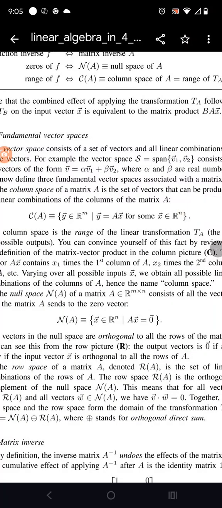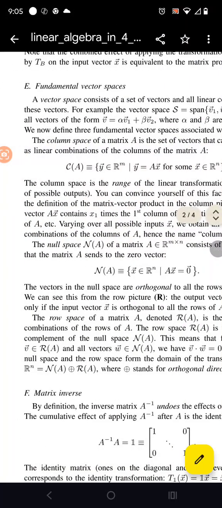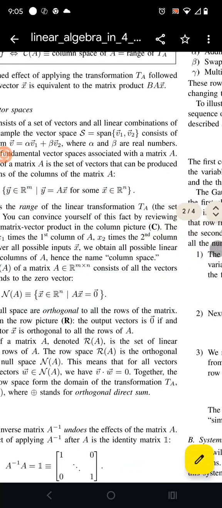So varying over all possible inputs x, we obtain all possible linear combinations of the columns of A, hence the name column space.